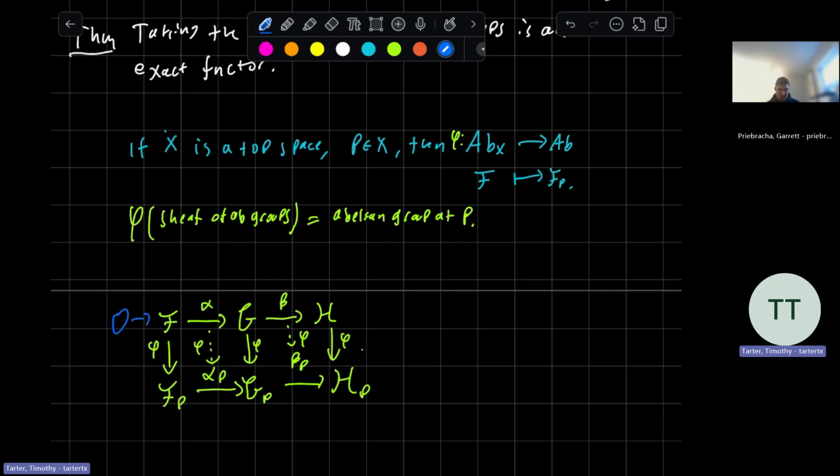More specifically, if we have 0 going in here, then we have 0 going in here, and if we go out to 0 here, then we go out to 0 here. And that happens by preserving the kernel of F.